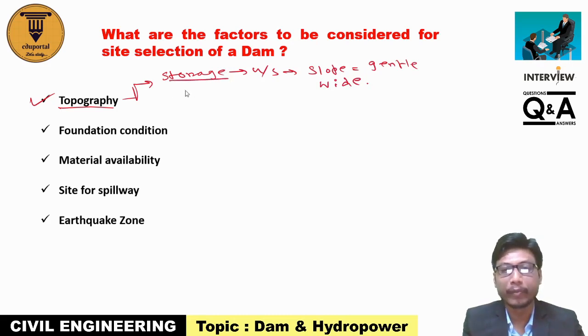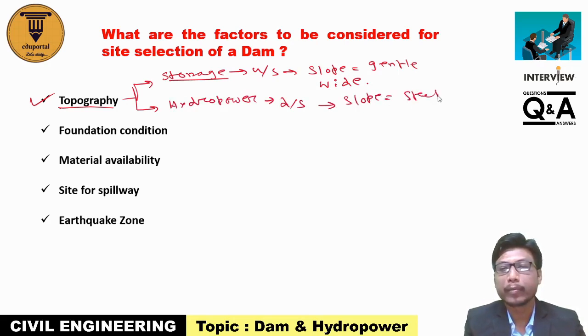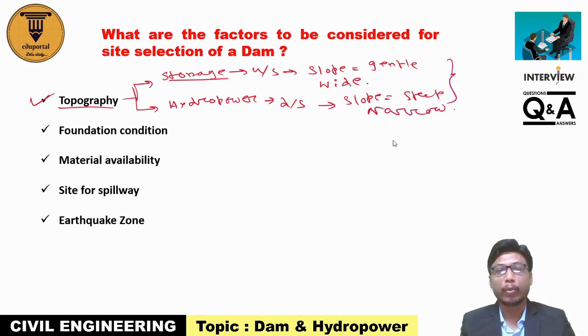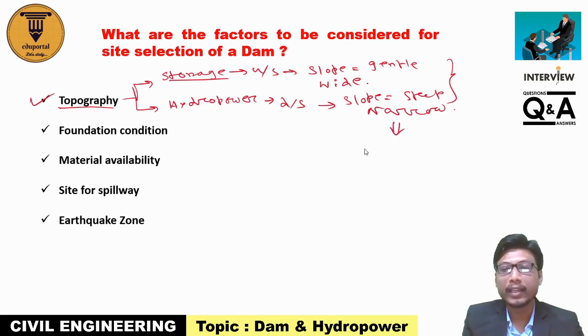Now on the downstream side, for hydropower generation, the slope should be steep and the channel should be narrow. So these are the favorable topography for dam. And one more thing you can consider is that the dam should be located on the high ground.